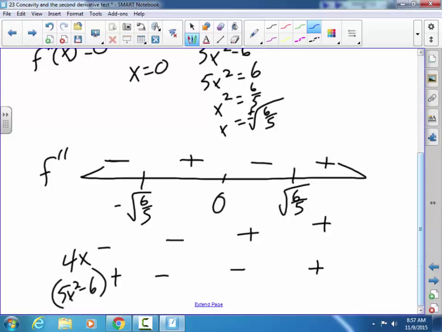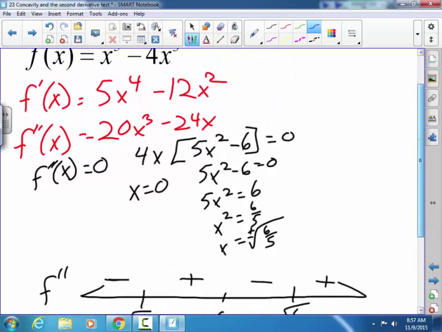Now, once you finish that, I want you to go and do a sign line for the first derivative. A sign line for the first derivative. That's probably going to be easier.